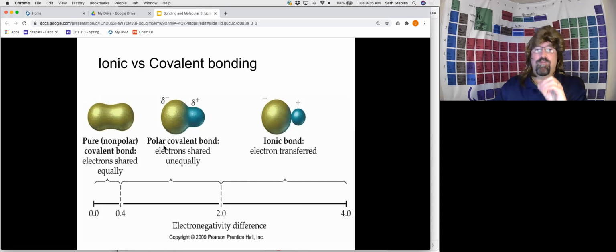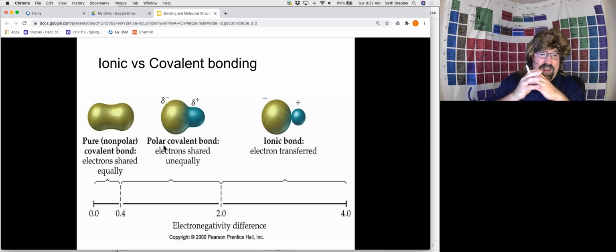In a polar covalent bond, now we run into the situation like we had with carbon and fluorine. So if we have an electronegativity difference between 0.4 and 2, now we have enough of an unequal sharing that the electrons spend more of their time near one atom than the other. That creates what we call a partial negative or a partial positive charge.